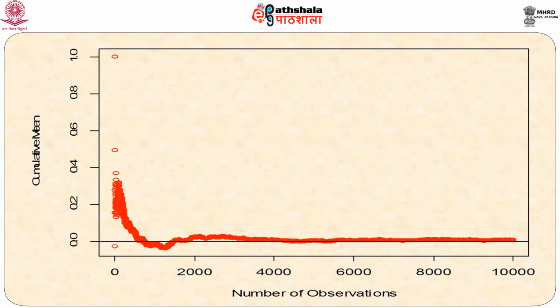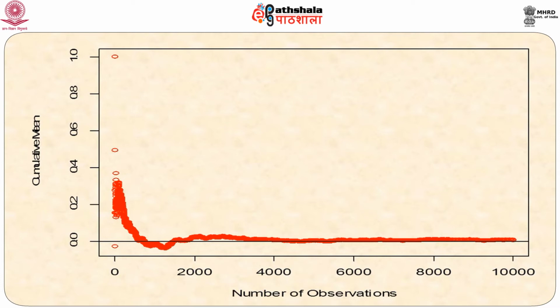Here, with the increase in the number of simulations, the cumulative means tend to stabilize around the true value. Here this is 0, as we know, as we have started with 0. So, the picture is echoing the same thing that had been explained earlier by the law of large numbers.